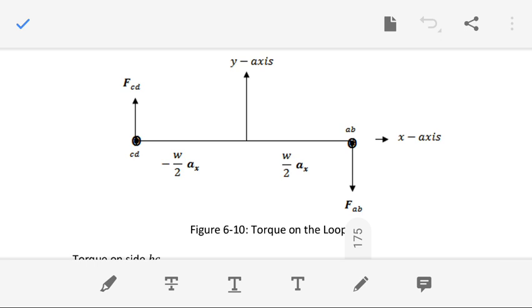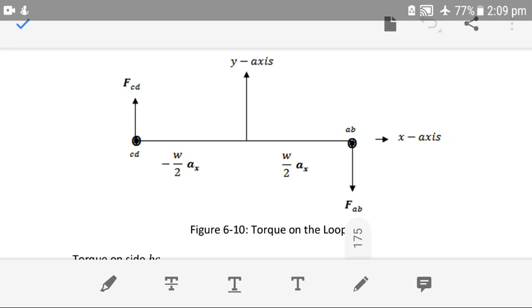The force on side AB is in the direction of minus y-axis, and the force on side CD is in the direction of the y-axis. The moment arm of side AB is W by 2 aX, and the moment arm of side CD is minus W by 2 aX.